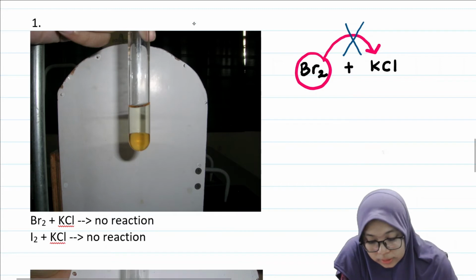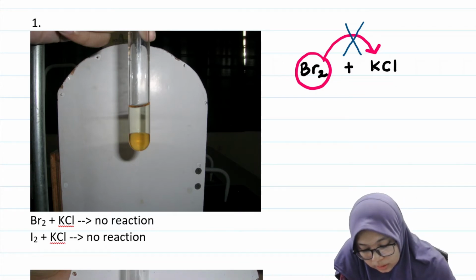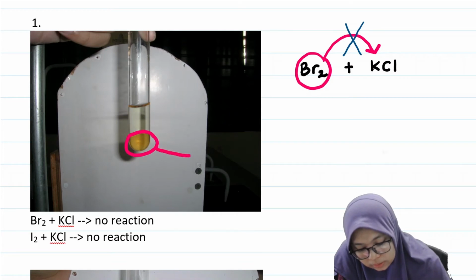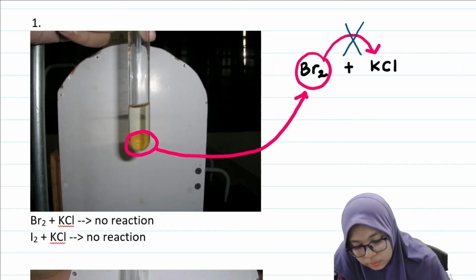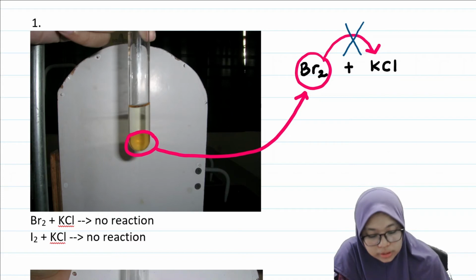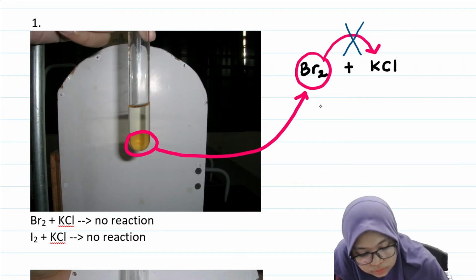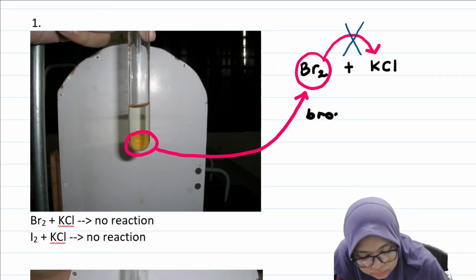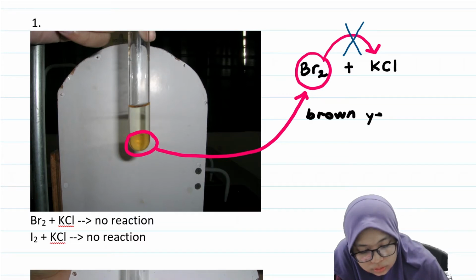If you look at the test tube here, the bottom part of the test tube is actually referring to the color of bromine in 1,1,1-trichloroethane. That's why you have the brown yellowish color there.